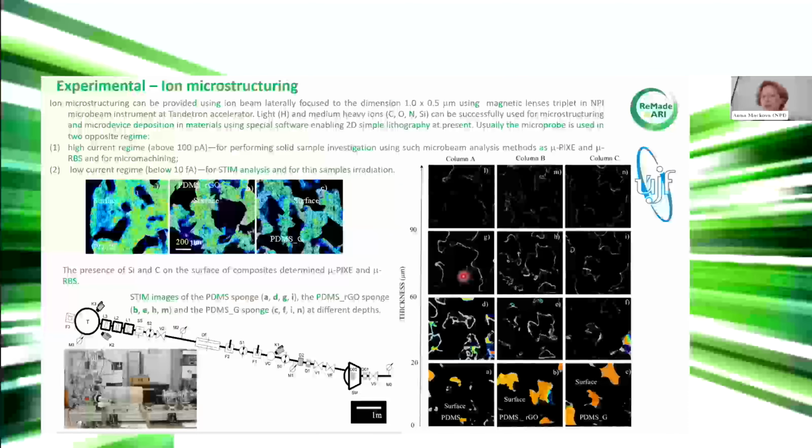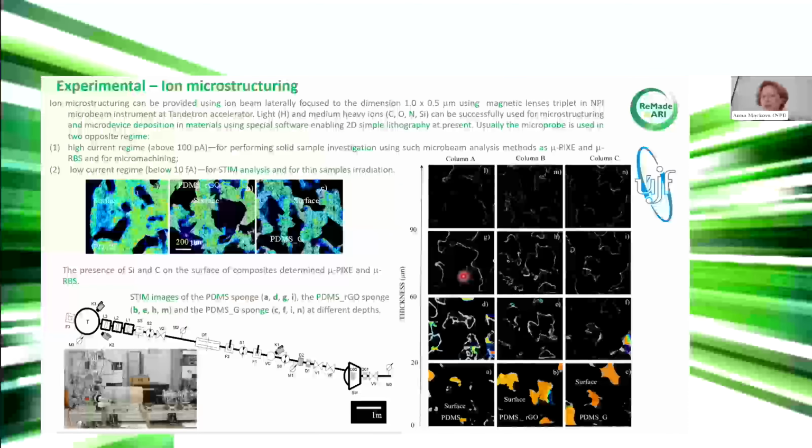So in this case, we see the silicon map, and these are open pores, and around is silicon, because silicon is part of this PDMS. And here again, you see silicon around. But when we analyze the RBS spectrum, we see that this is pure PDMS. Again, the pores are the same, and carbon is around, and these pores are free.